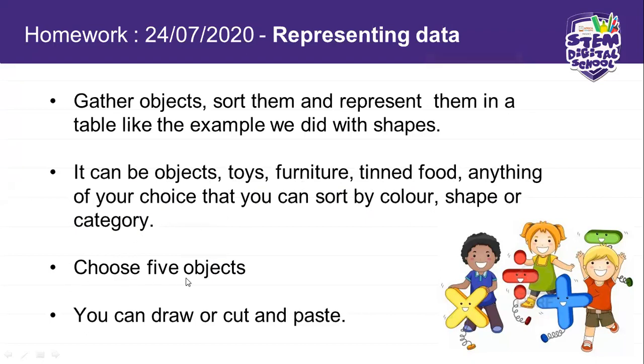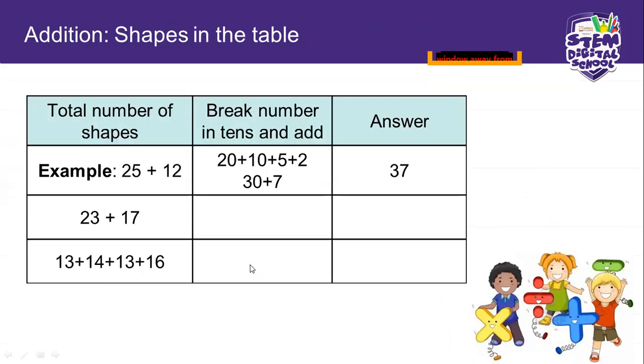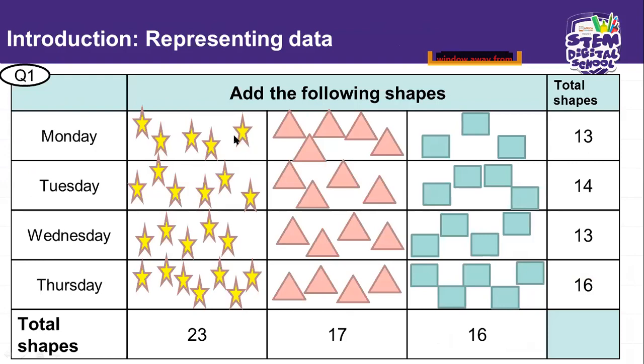So you can choose 5 objects, and then in your table, I want you to draw. You can draw your shapes, or you can even cut and paste toys, anything that you want, but I want you to sort them. You saw previously that we sorted shapes, and these shapes were the same color. So it's just up to you what you want to sort.